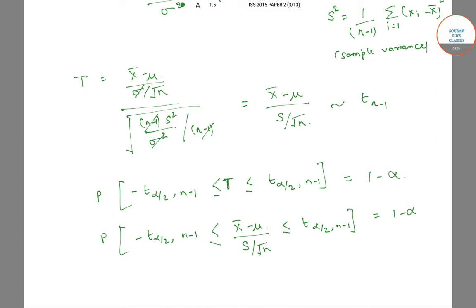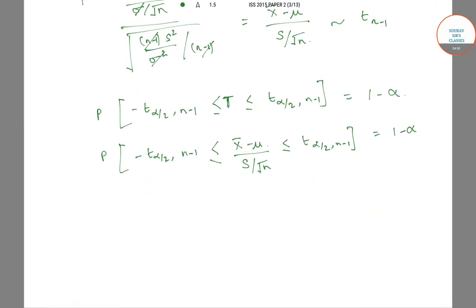So from here we can say that x bar minus mu divided by s by root n lies in the interval, or it is less than or equal to t alpha by 2 comma n minus 1, and it is greater than or equal to minus t alpha by 2 comma n minus 1.